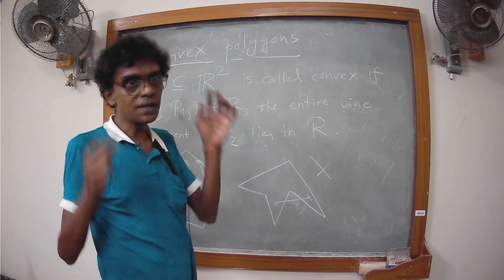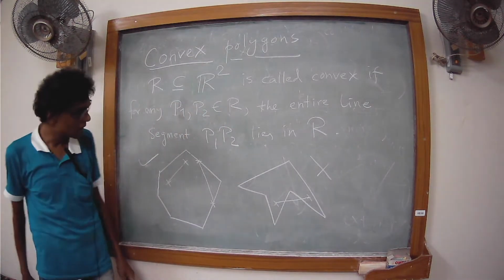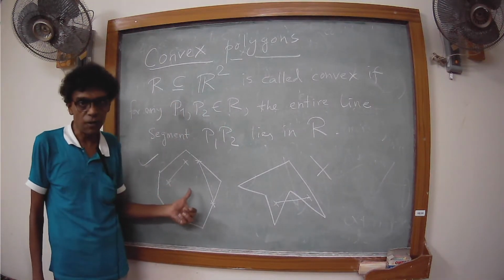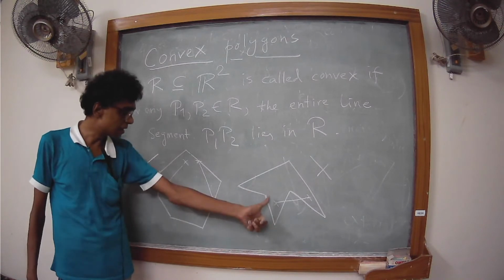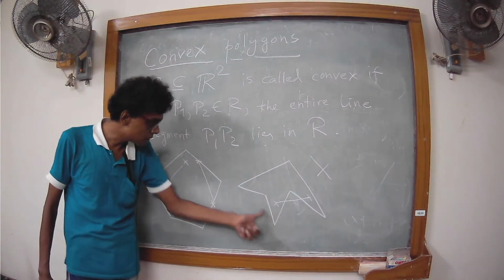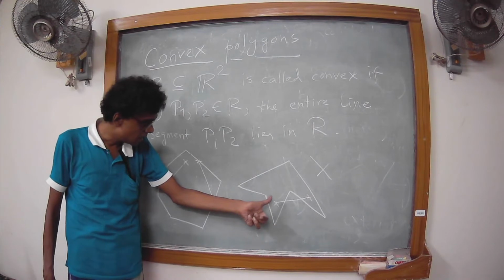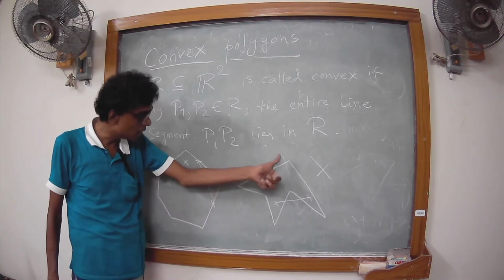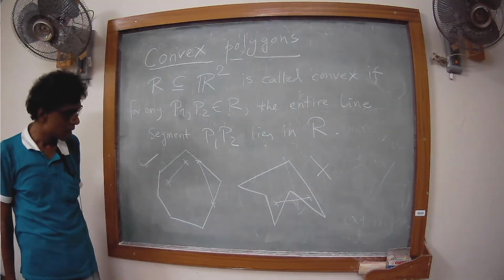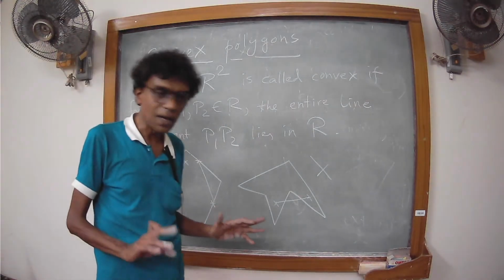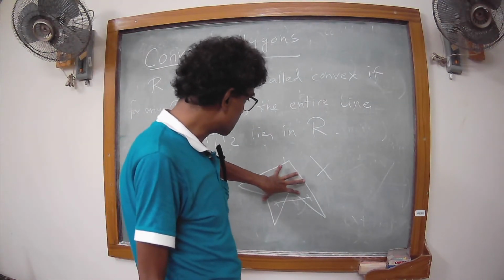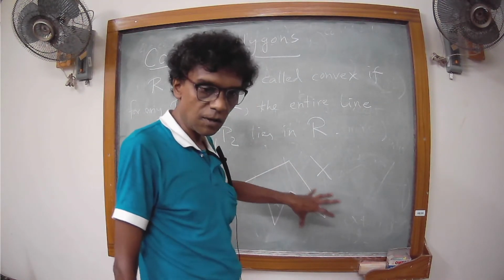Okay, so clockwise and counterclockwise make sense when I talk about convex polygons or regions. Not here. This is counterclockwise, clockwise. Right? Again counterclockwise, clockwise. But the left-right orientation thing, that can be applied to this non-convex region also.